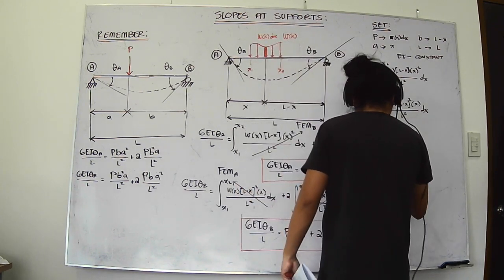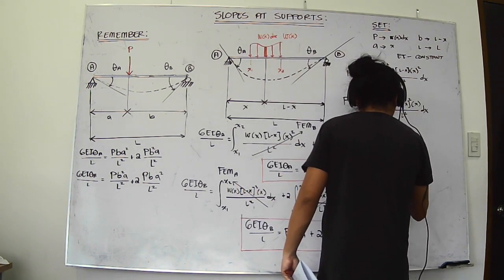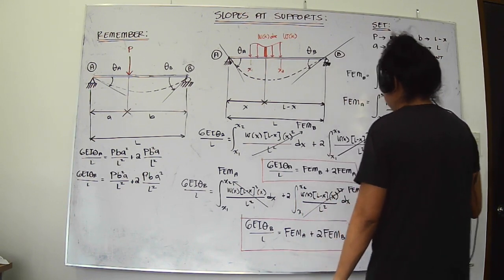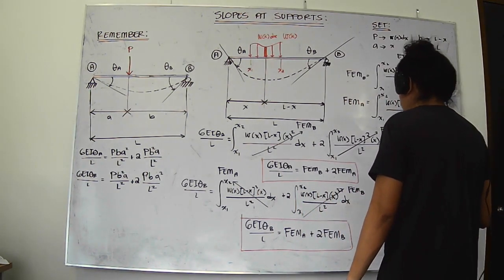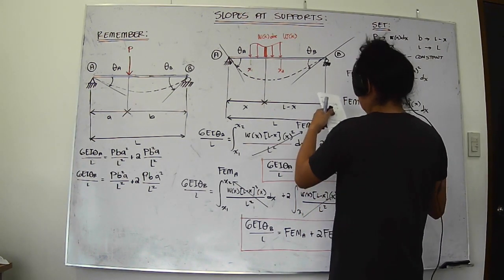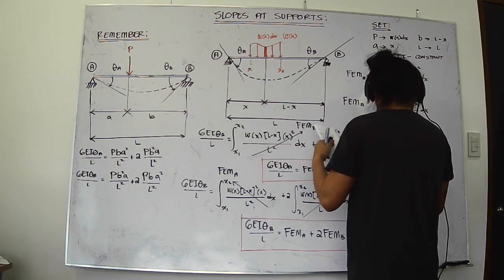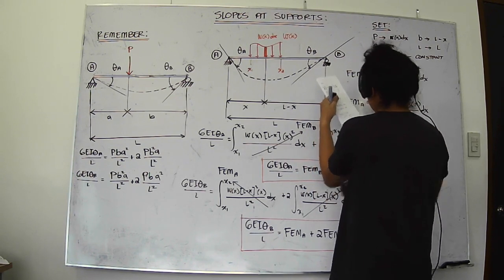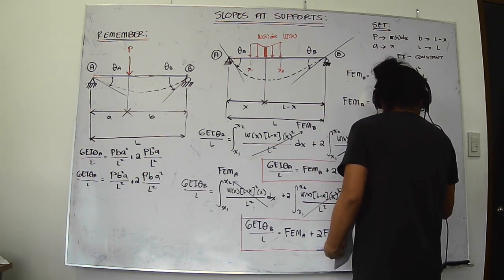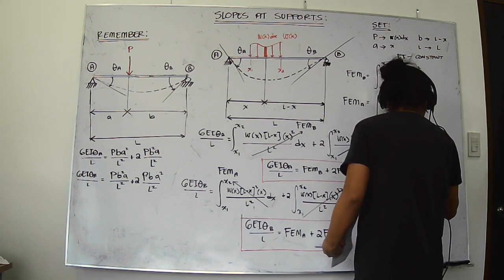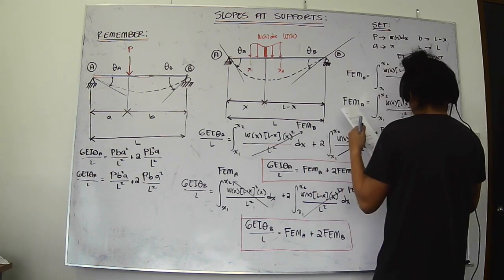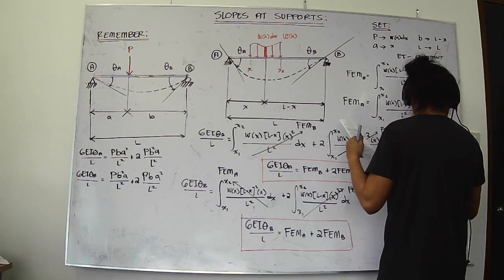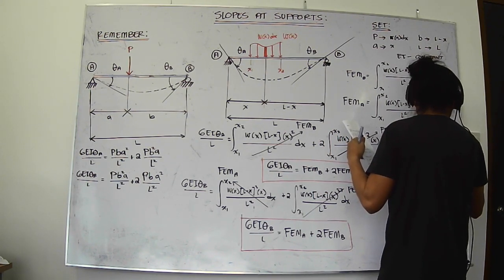In order to get theta A, I divide by L over 6 EI. So it becomes L over 6 EI FEM B plus L over 3 EI FEM A.